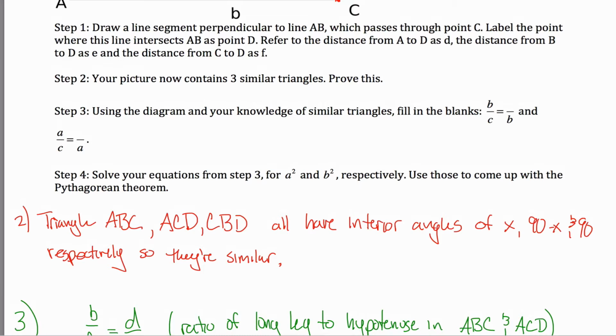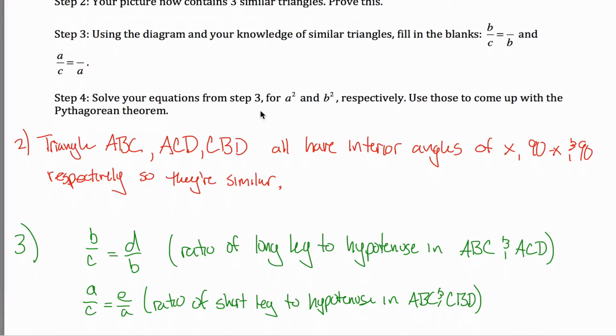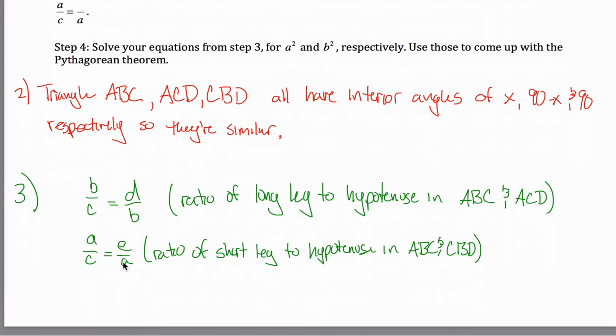Step 4 says solve these equations for a squared and b squared respectively. Note that if you multiply both sides of this equation by b and multiply both sides by c, on this side you'd have b squared, and on this side you would have c times d. And same idea here. If you multiply both sides by a and multiply both sides by c, you get a squared is equal to c times e. And what I'm trying to do is come up with the Pythagorean theorem. Pythagorean theorem says a squared plus b squared equals c squared.